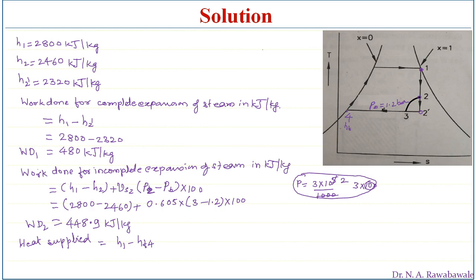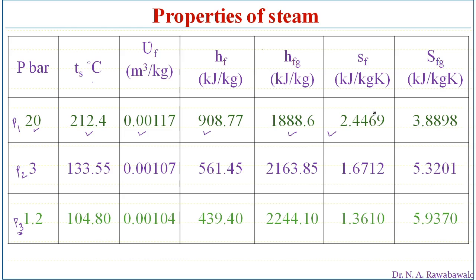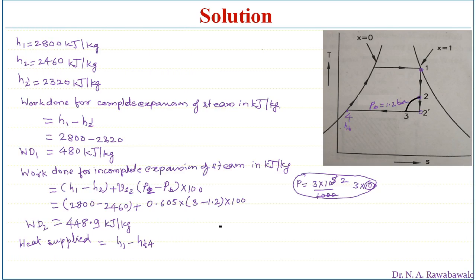The HF value at a pressure of 1.2 bar from the steam table can be taken as 439.4 kilojoules per kg. The H1 value we know, H1 value is 2800 minus HF4, which is 439.4. This gives us heat supplied per kg.